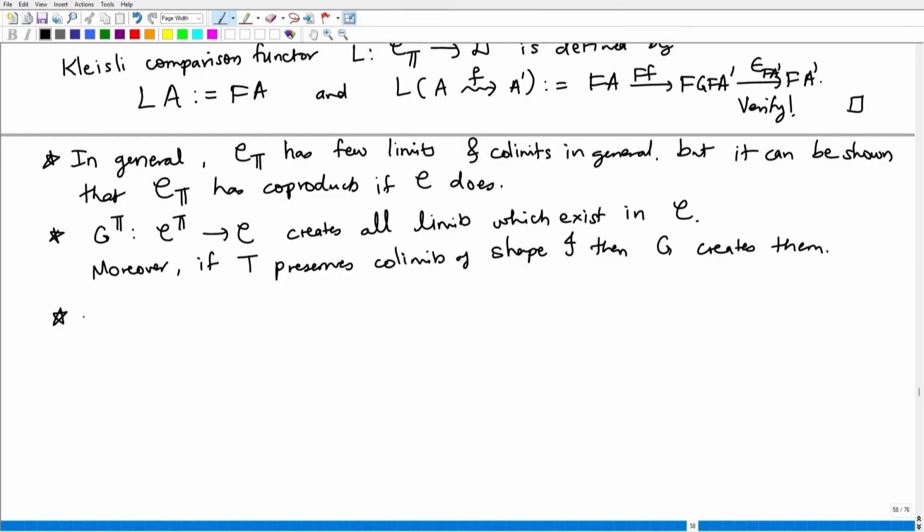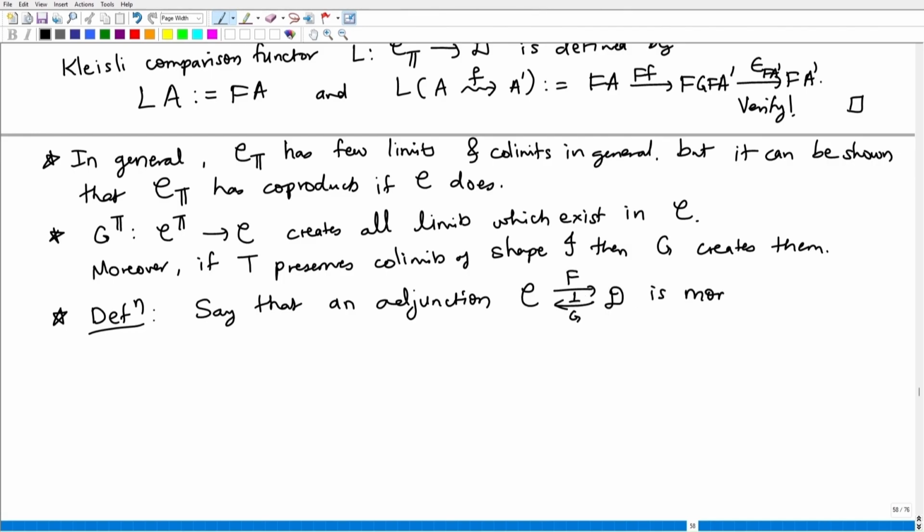So now this becomes an important definition. It says that, say that an adjunction, this is an arbitrary adjunction, there is no monad in this picture right now, is monadic. Any guesses? When will it be monadic?